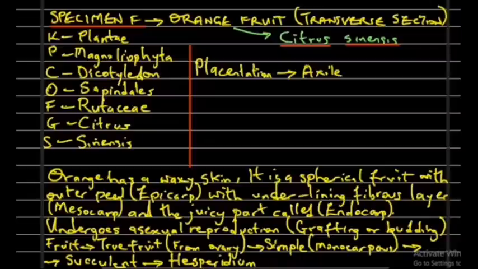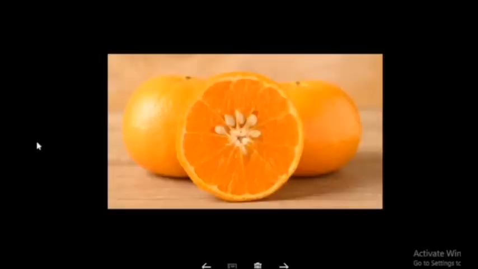So the transverse cut of the organism is what we want to look at now. You can see that this is what an orange looks like. A transverse section is cutting it from left to right.